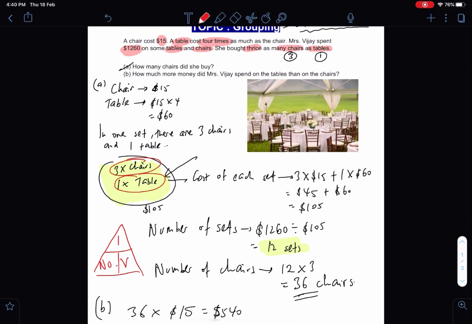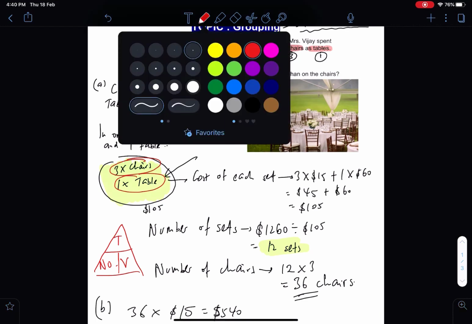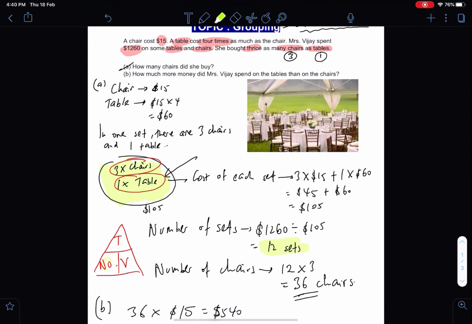The total amount paid is T. So in this question, we really wanted to find the number of sets. So what did we do? We took the total amount spent, divided by the value, the cost of each set or each group. Then we can find the number of sets, which is 12 sets. This is the key part to this question.